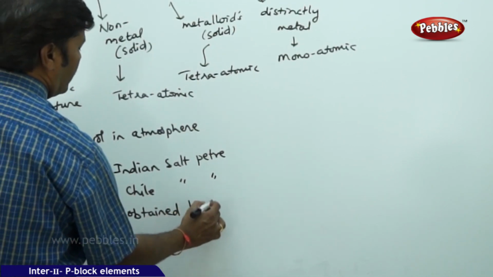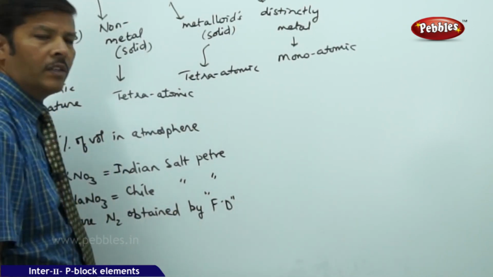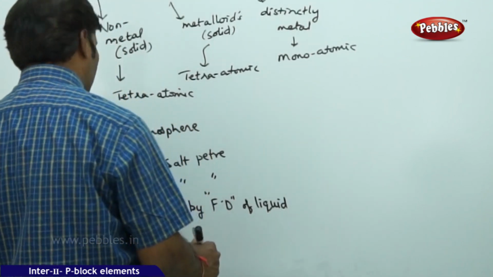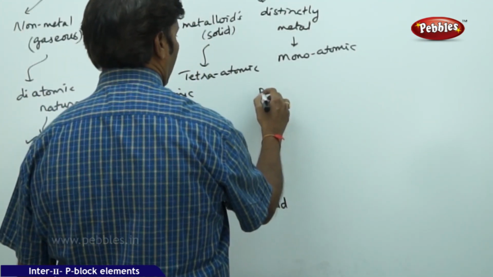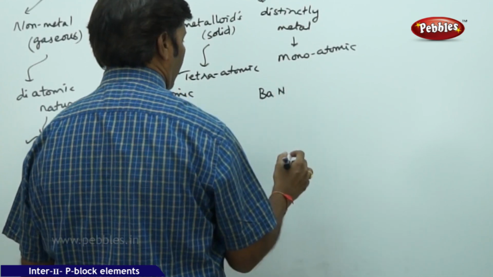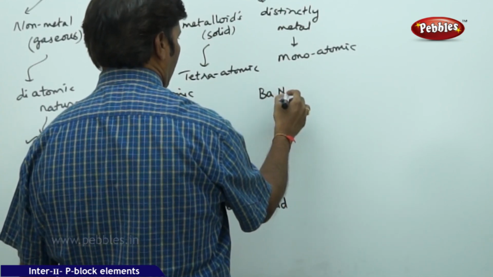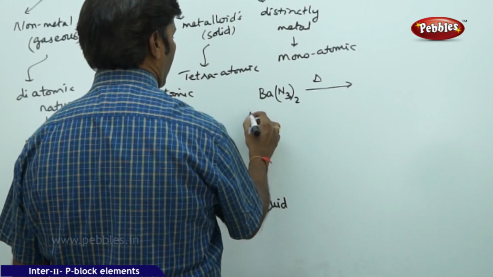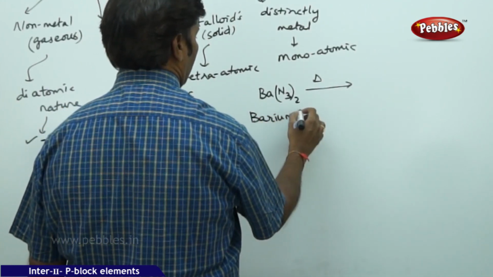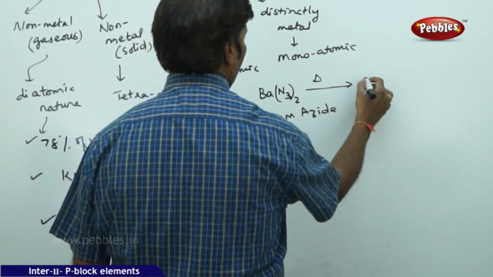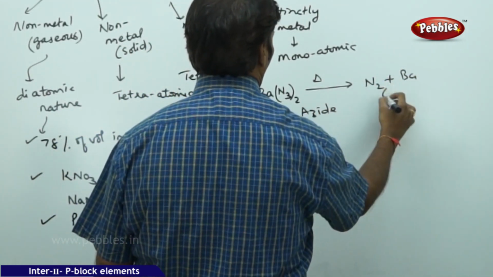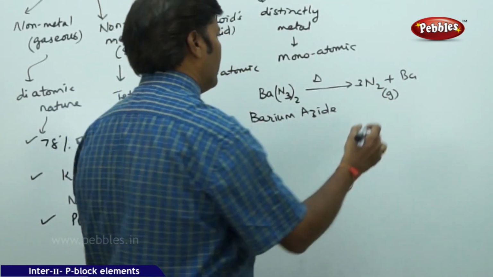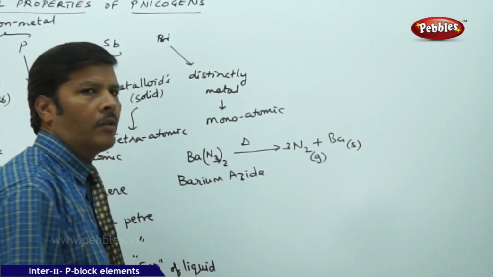You can also prepare nitrogen by taking barium azide, Ba(N3)2. Upon heating barium azide, you can get pure nitrogen and barium. Here you have 6 nitrogens, so take 3 N2 here. This barium is a solid. In this way we can also obtain nitrogen in its pure form.